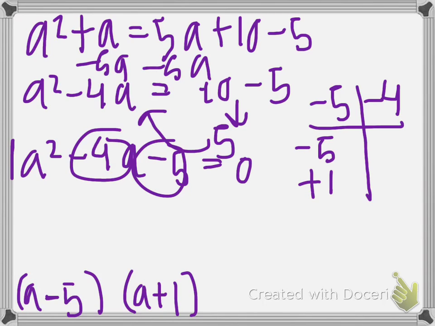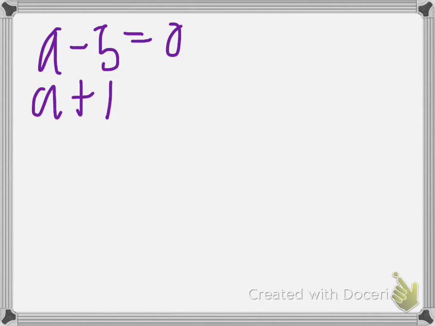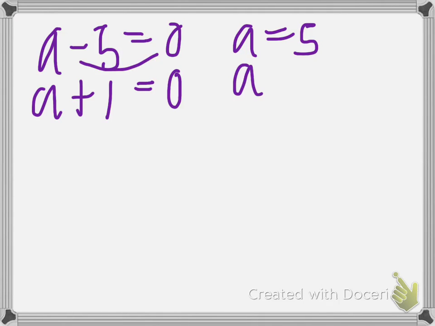So it's A minus 5 and A plus 1 is equal to 0. So from there, we're going to go to our 0 property. So we're going to see if A minus 5 equals 0 and A plus 1 is equal to 0. So you just add the 5 over, which is A equals 5. You subtract the 1 over, which is A equals negative 1.